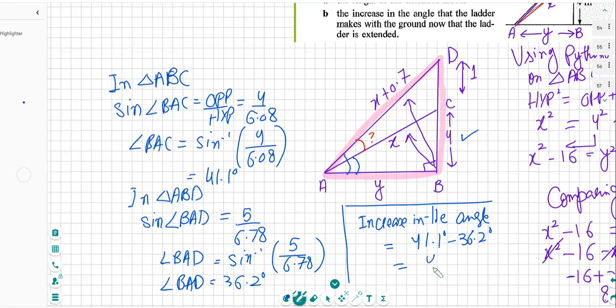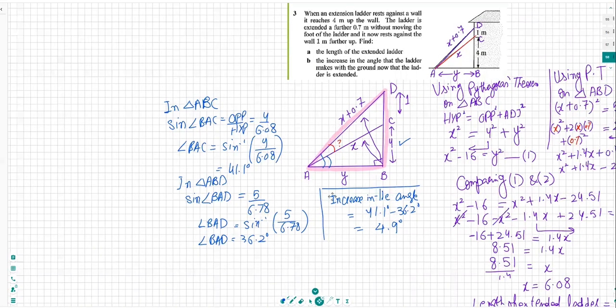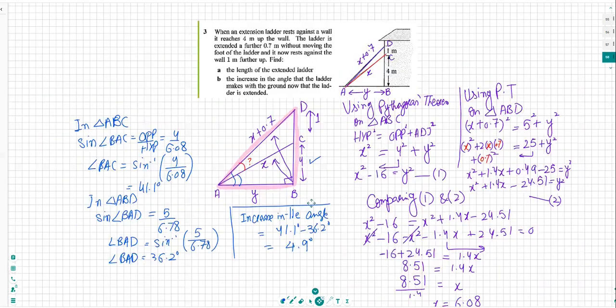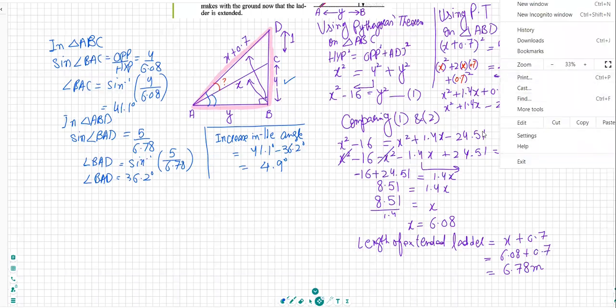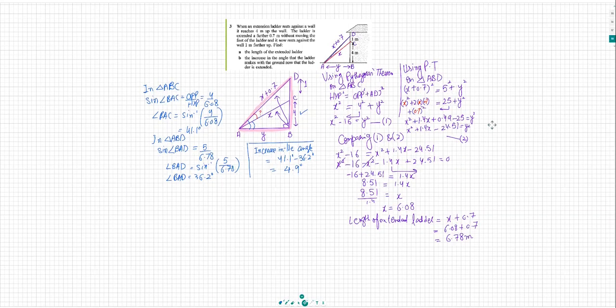So I get 4.9 degrees. Clear? Yeah. Done? Yeah. Okay.